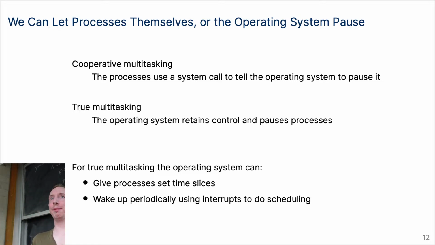That's something called cooperative multitasking, where the kernel will not take the CPU away from any task, and it's up to the user processes themselves to say, hey, I'm done now. You can take the CPU away from me. It's fine, right? So you have to actually make a system call to inform the operating system you can take the CPU away from it.